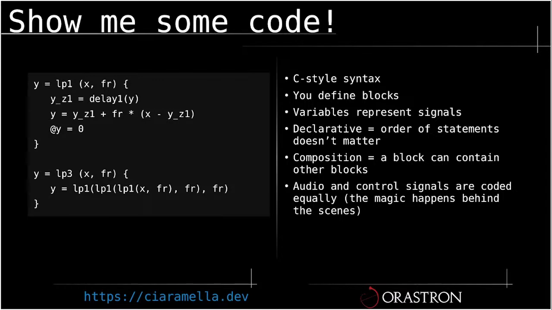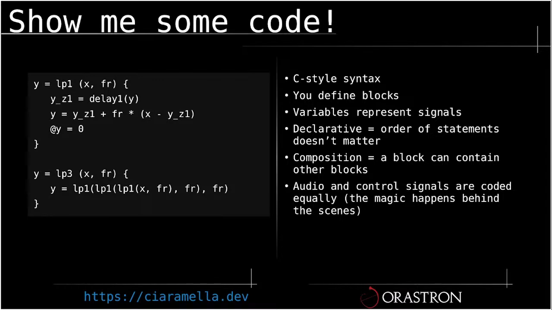Essentially, a Ciaramella program corresponds to a DSP graph where you have nodes that do something, and you can connect them. So the idea is this, as simple as you hear it.